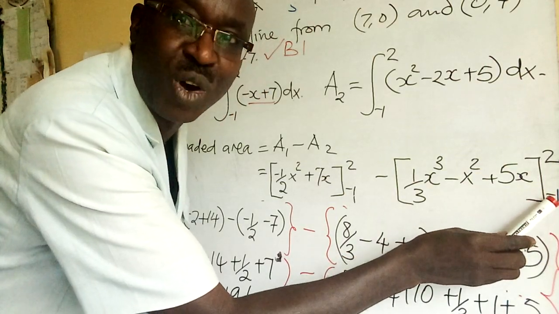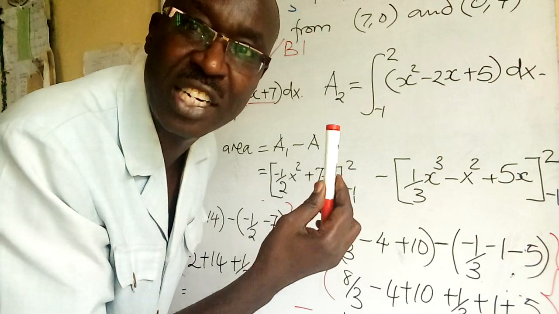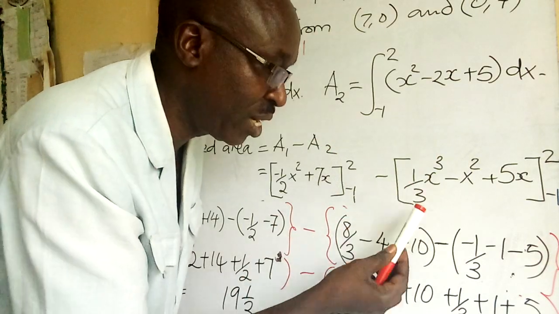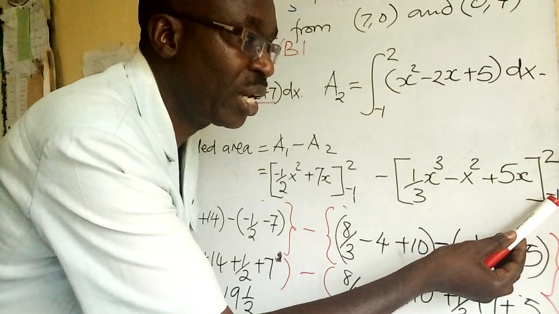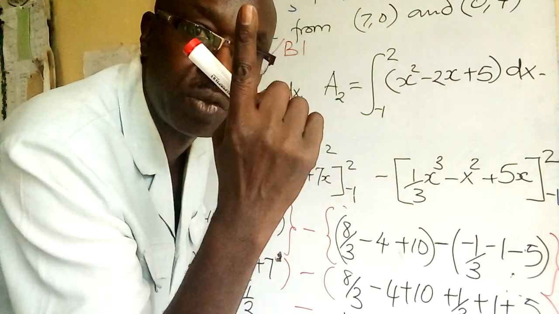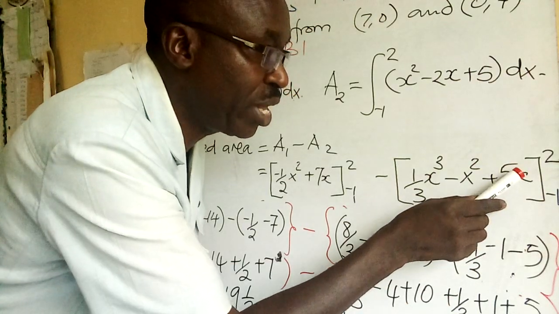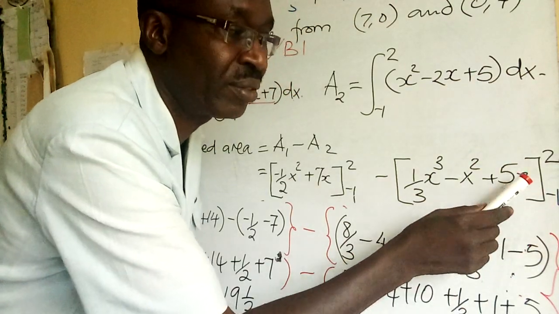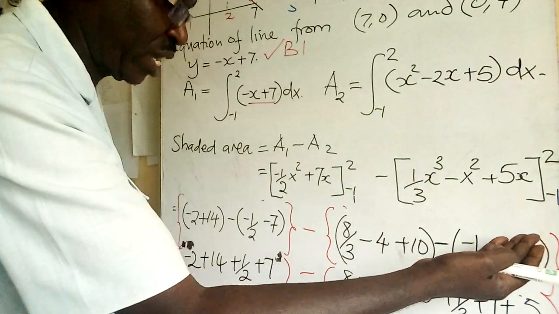Come here, negative 1, second bracket. Negative 1 cubed is negative 1. By a third is negative 1 over 3. Come here, negative 1 squared is positive 1, but there is minus there. Come here, negative 5. Now you have all this, which you can try.